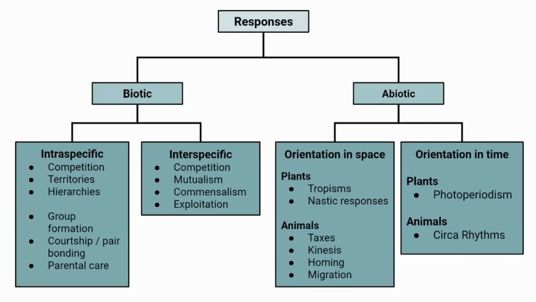Okay, so now we'll move into, I guess, the biotic side of things. So the intra-specific relationships and the inter-specific relationships. Again, we can apply that same framework, the what, the how, and the adaptive advantage.